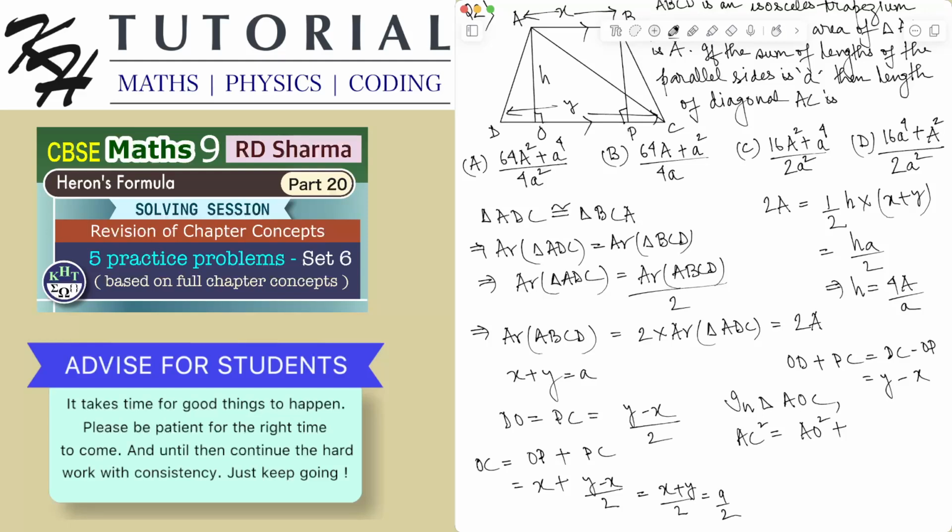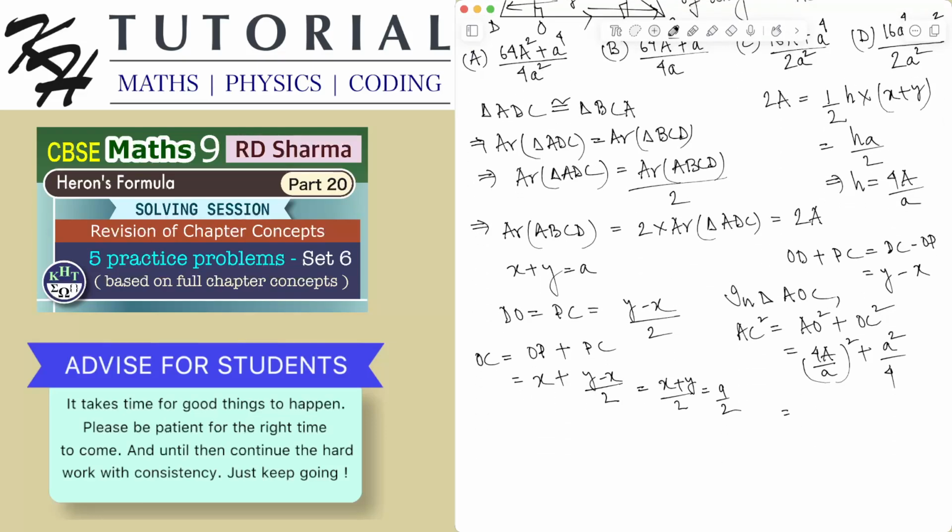So now AC square is equal to AO square plus OC square. AO is h square, and h is 4A by a. So this is 4A by small a, squared, plus OC square, which is a square by 4.